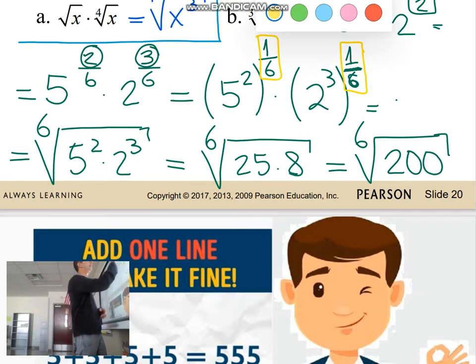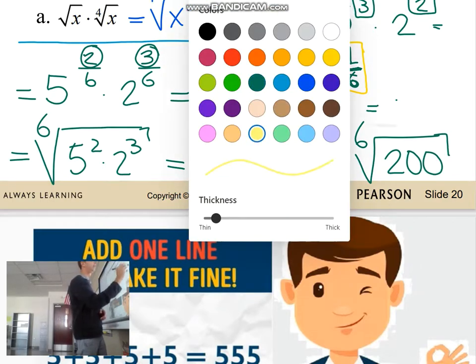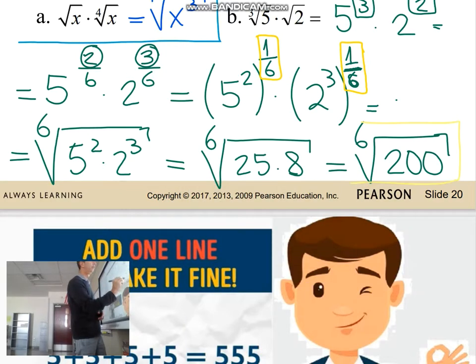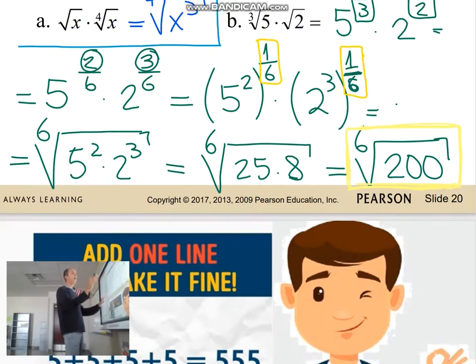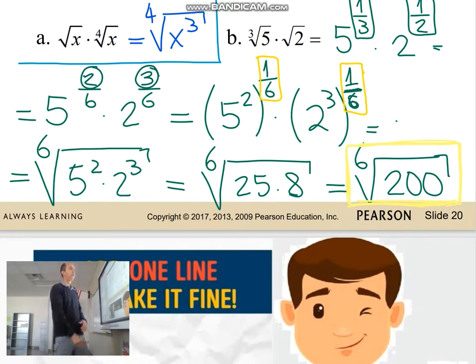That is the answer that we are looking for. Both terms are now under the same root, and we have just one number under the 6th root.